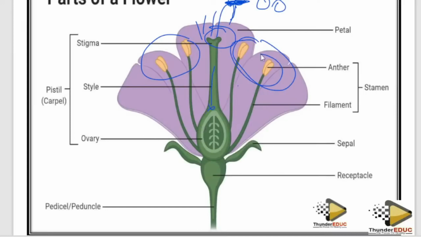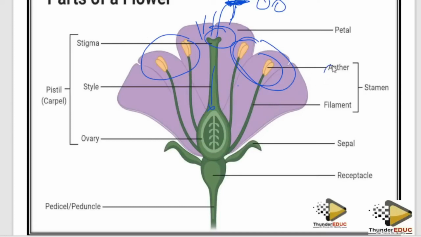But because the anthers are below the stigma, this flower is insect pollinated. I'm not teaching, I'm just trying to tell you, so I'm not going to spend too much time.